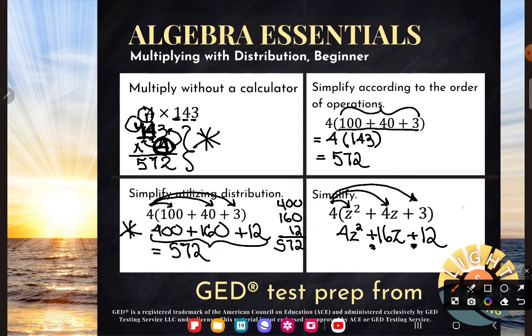But here, once we reach the land of algebra, that's a difference in that we stop. I would argue it's easier than multiplication because I just get to stop. I cannot add z squareds and z's and constant terms of plain old numbers. If you remember, we said we can't combine in algebra. We can't add or subtract unless their variable portions are identical. And so I'm done here. Easier than multiplying in 4th grade.